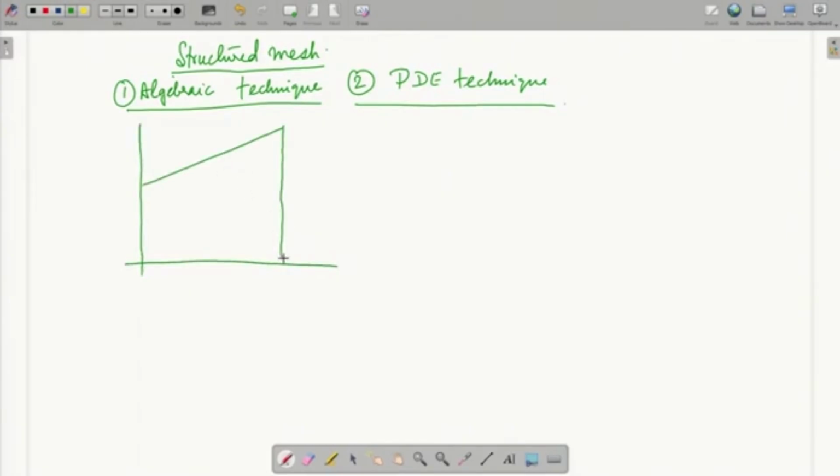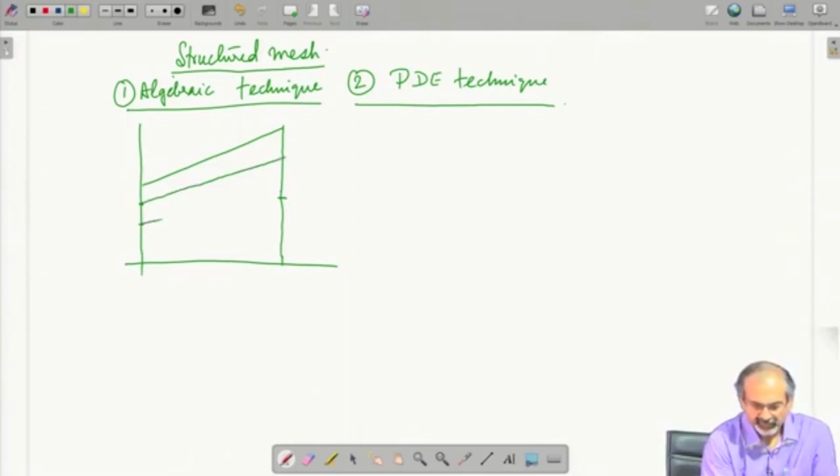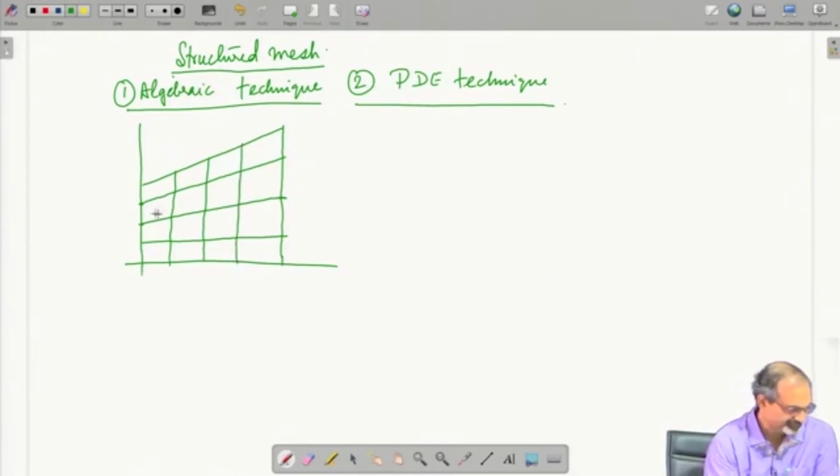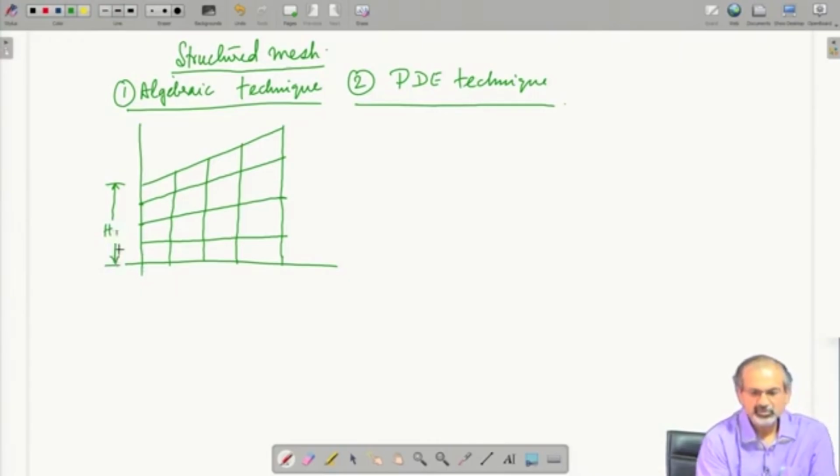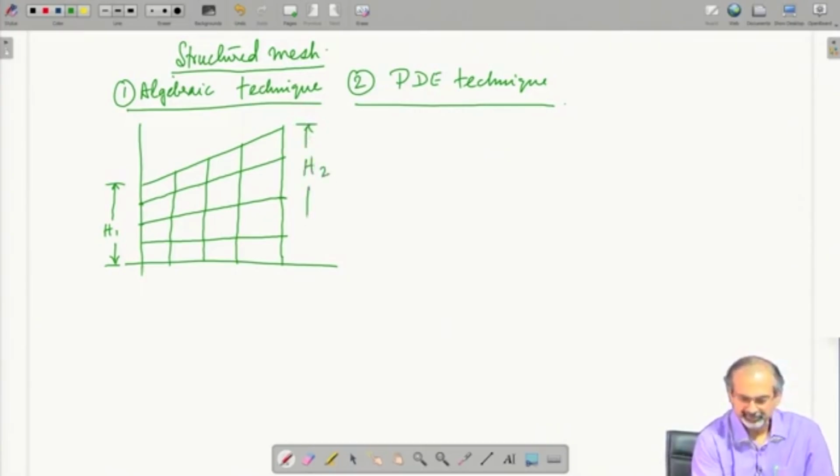Let us say we have a trapezoidal domain which looks like this, and we are trying to fit a mesh in this domain. We are currently discussing it in the context of an algebraic mesh generator. As you can understand, instead of a trapezoidal domain, if it was a rectangular domain, for example, this would have been a trivial problem.